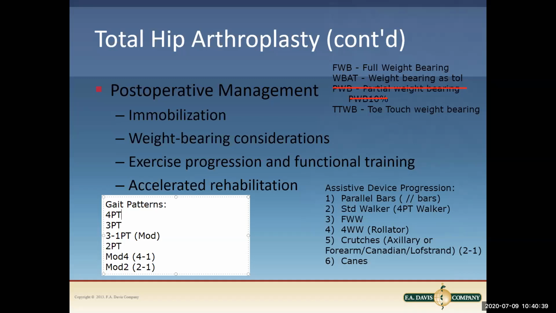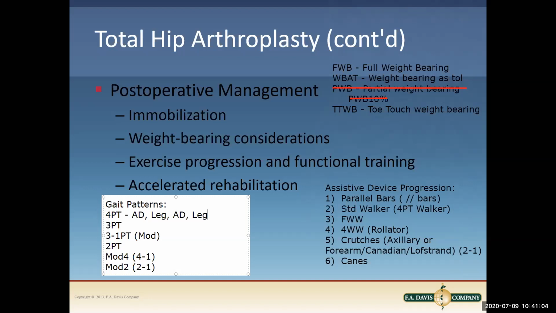So 4-point gait pattern. What do you remember about 4-point gait pattern? Mainly with crutches. Good, right? It can also be with canes, but mainly with crutches. So the progression is this way.